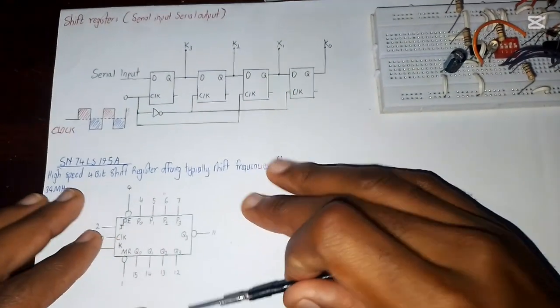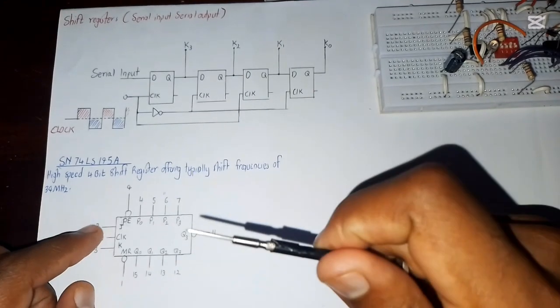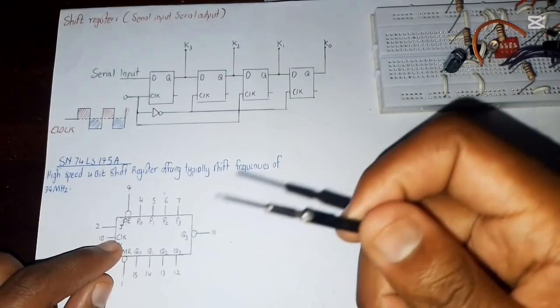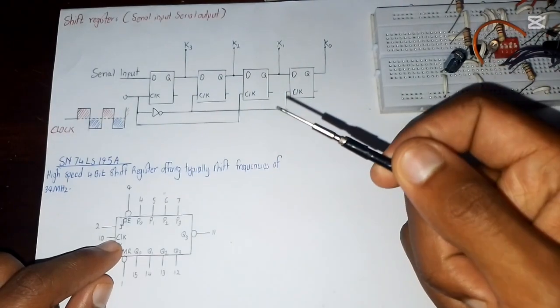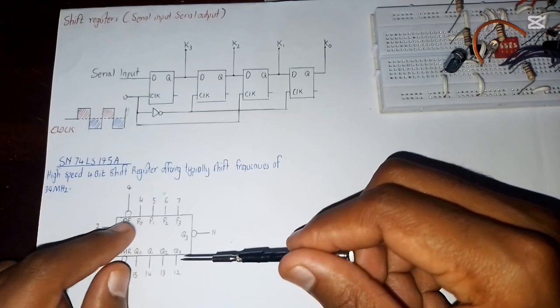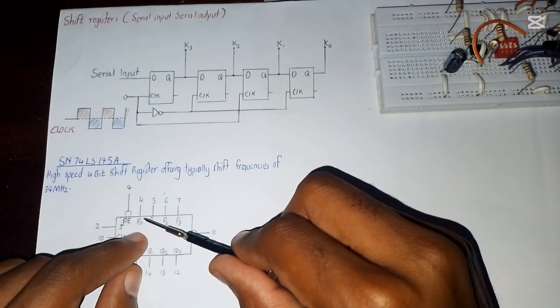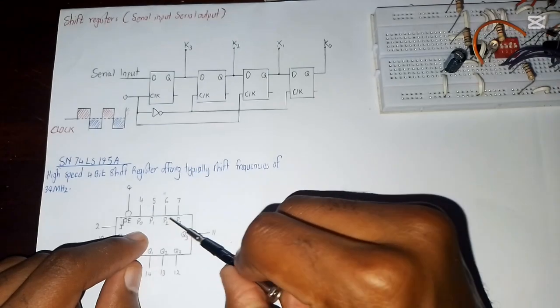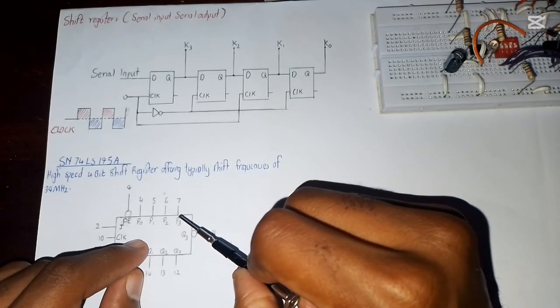In the IC, just as we have seen, pin number 2 and pin number 3 are the JK flip-flop, and the clock is pin number 10. The input lines for the parallel, if you want to use parallel, are pin number 4 to pin number 7. Those are the parallel inputs.